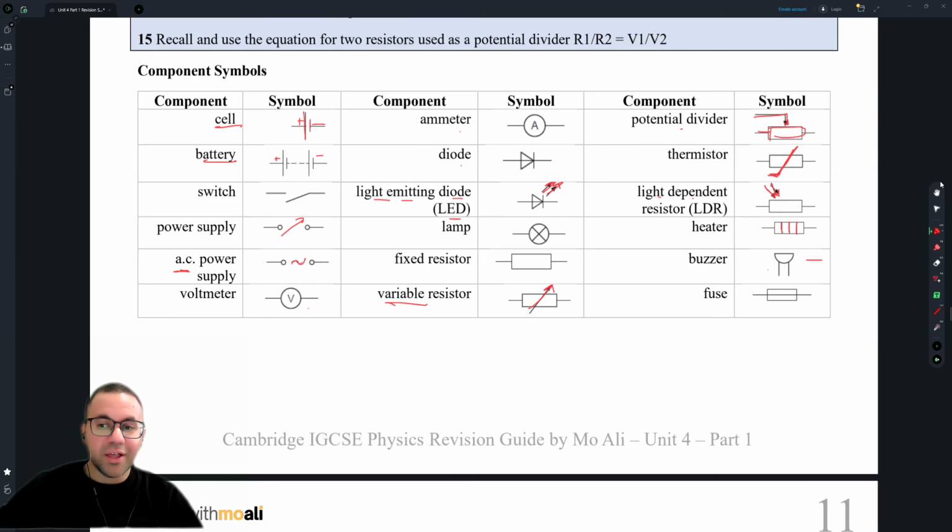A bell also produces sound. They both basically have the same symbol. It's like a half circle. Doesn't matter which side is up. And a fuse is a safety feature that we'll discuss. It's like a resistor in terms of the symbol, but there's a line in the middle to represent the wire inside. We will see these often, okay?